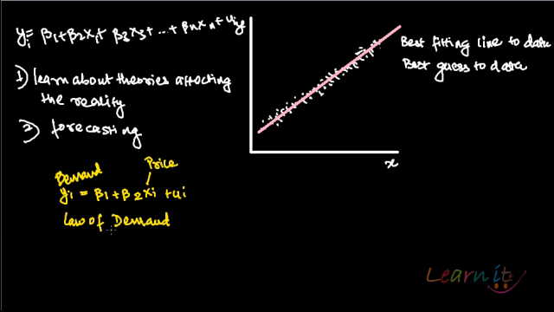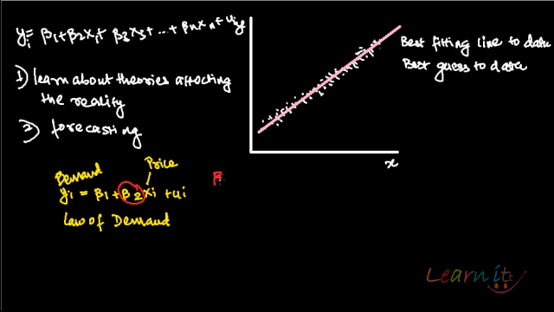So econometrics is actually trying to tell us, we know it from our theory, that the relationship between the demand and price, according to this law of demand, is negative. So we would expect the estimate for this beta 2, I'll be telling you later on how you actually find out these estimates, to be negative.